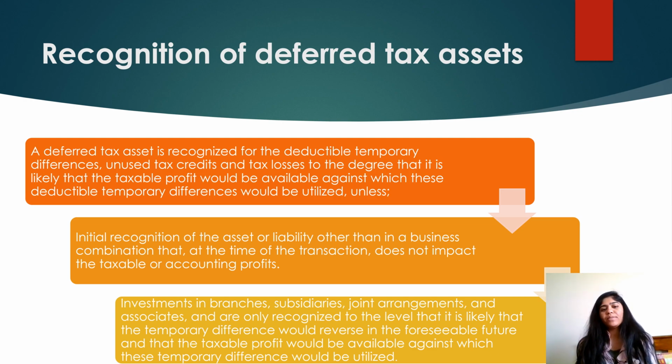The next step represents investments in branches, subsidiaries, joint arrangements, and associates, which are only recognized to the level that it is likely that the temporary difference would reverse in the foreseeable future and that taxable profit would be available against which these temporary differences would be utilized.